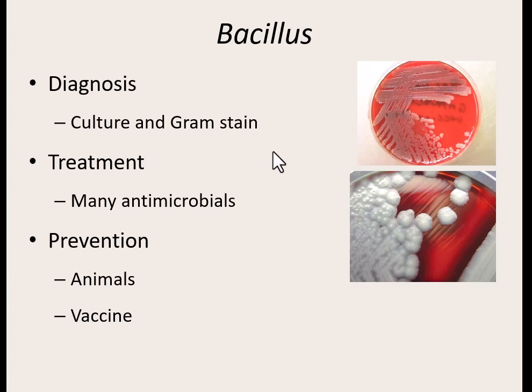So we do have a vaccine. It's not the most effective, which is why we're not really exposed to it. It generally doesn't cause us issues. It usually requires lots of boosters. But for those that are constantly exposed to this bacteria, we can vaccinate them as a preventative as well.